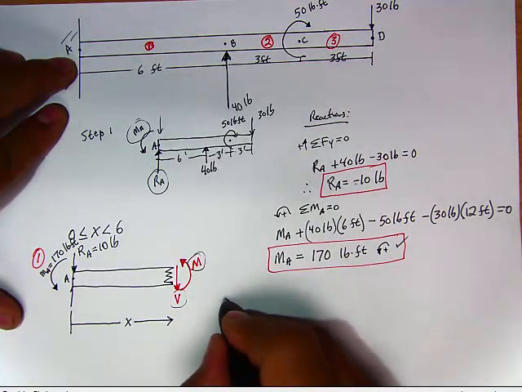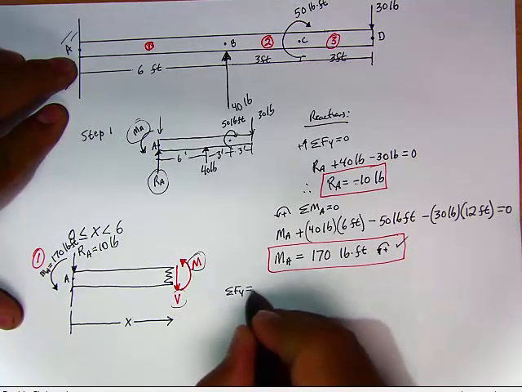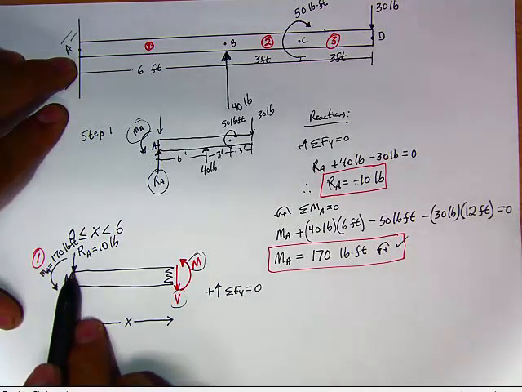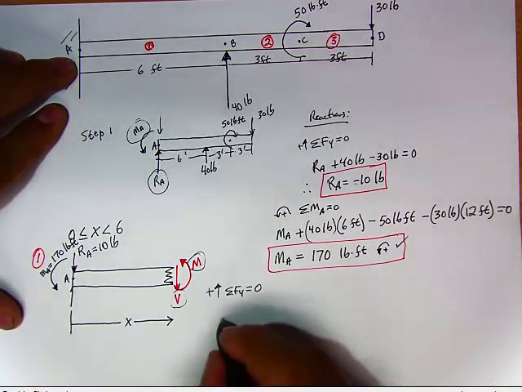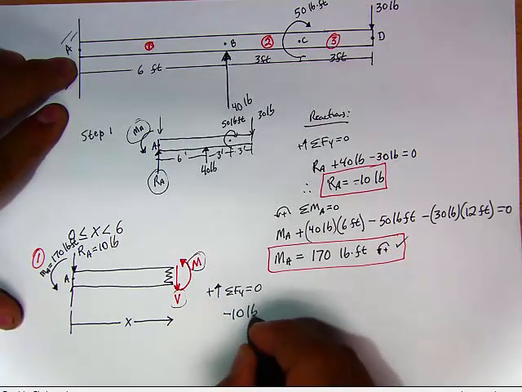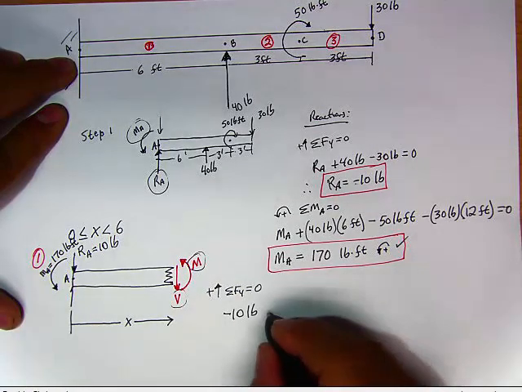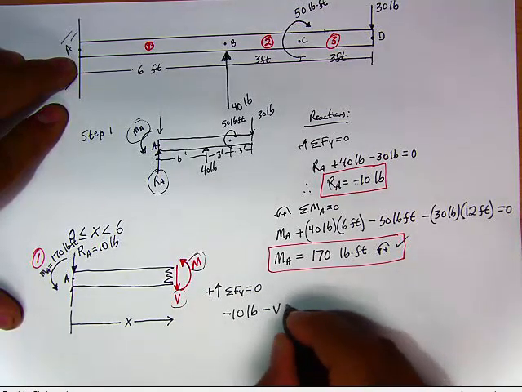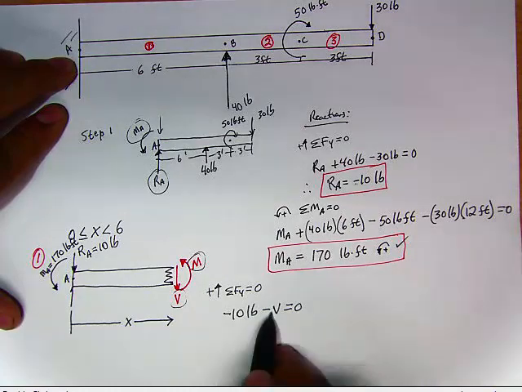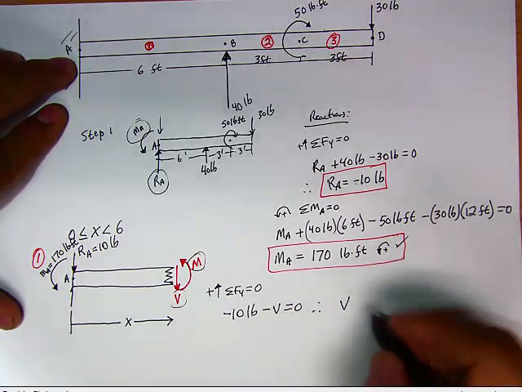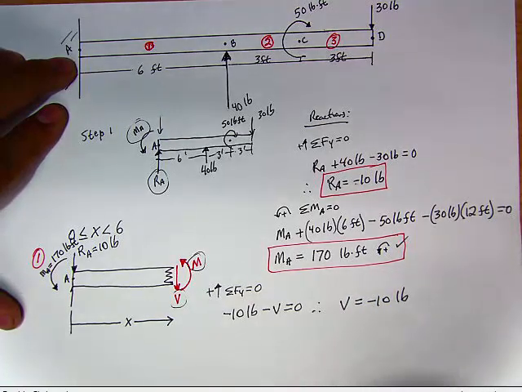By doing the sum of the forces in the y-axis, where up is considered positive, we start from left to right. RA, that will be negative 10 pounds because it's pointing downward. And then V is also pointing downward. Negative V equal to 0. Make our V positive, and therefore my equation for my shear is equal to negative 10 pounds.